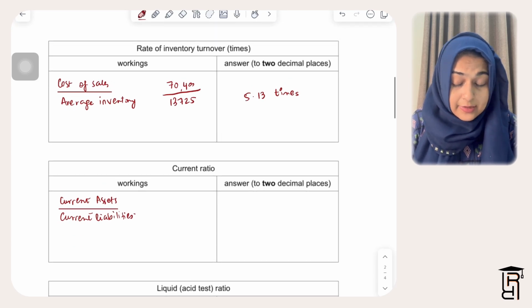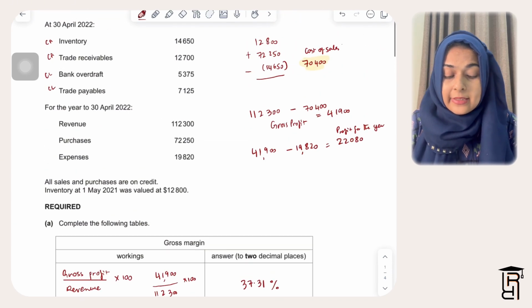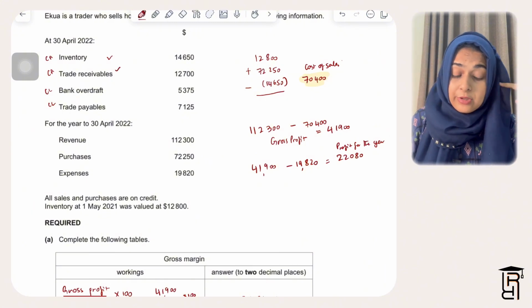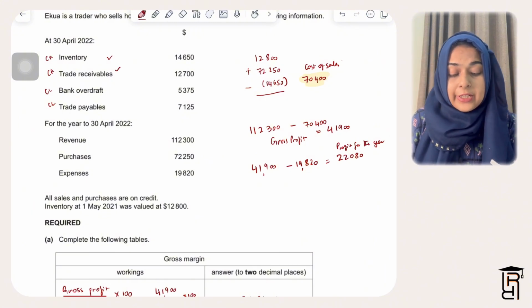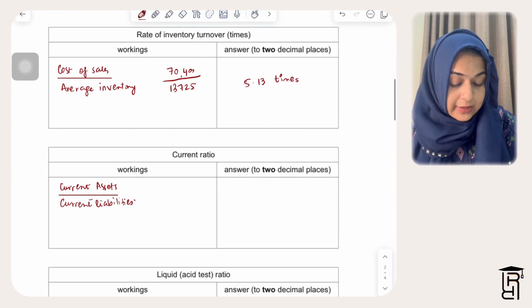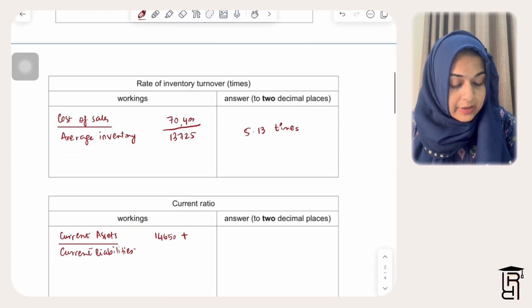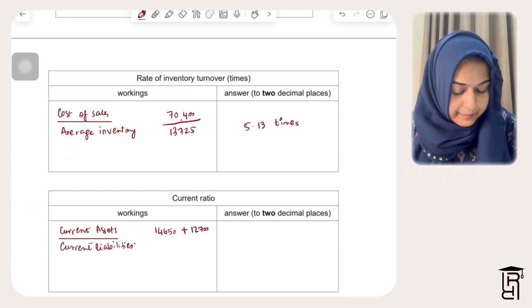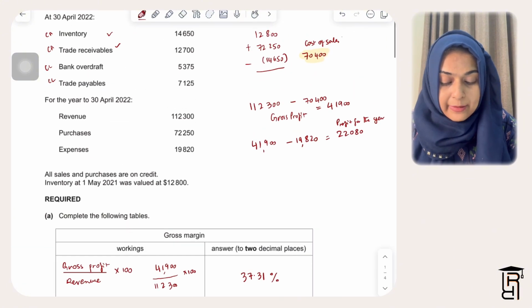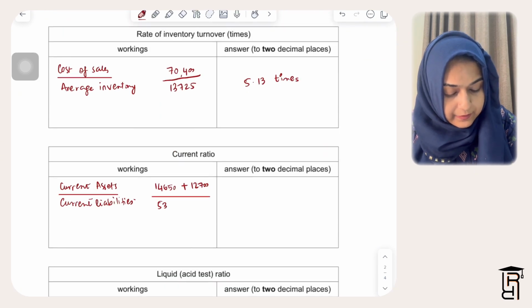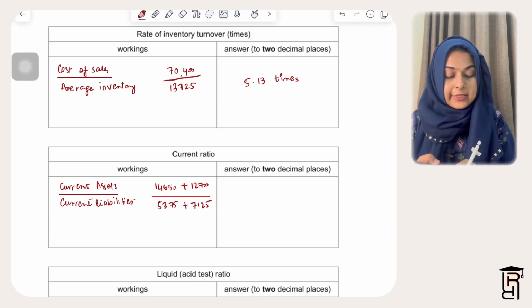Then there's the current ratio. Current ratio is current assets divided by current liabilities. We need to take all the closing values for the current ratio. So we'll take inventory closing value, and trade receivables closing value: 14,650 plus 12,700 will come in your numerator. Then you divide this by your two liabilities here, 5,375 plus 7,125, which is my current liabilities in this case.